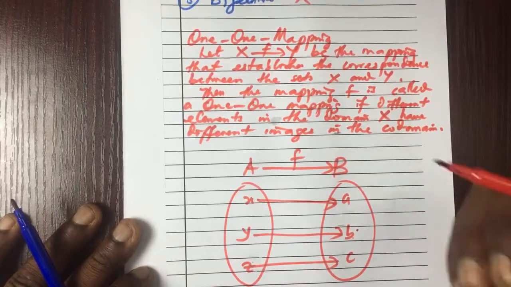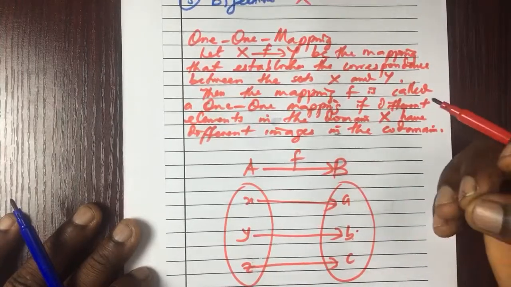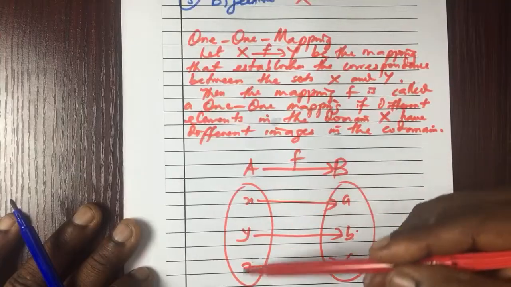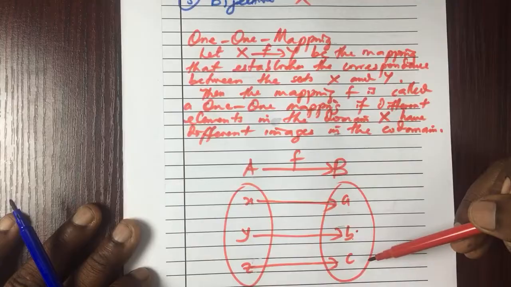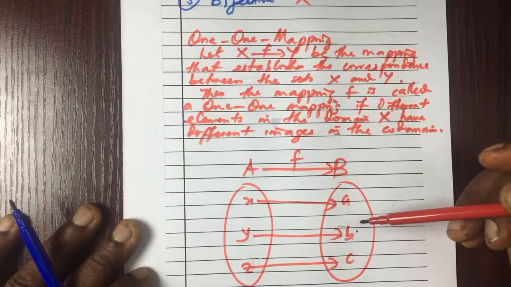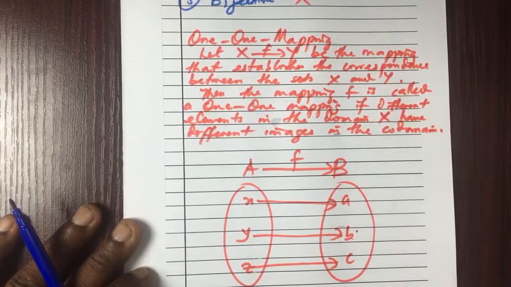Again, what are one-to-one mappings? They are mappings in which you have different elements of the domain having different images in the codomain. So what does that mean mathematically?